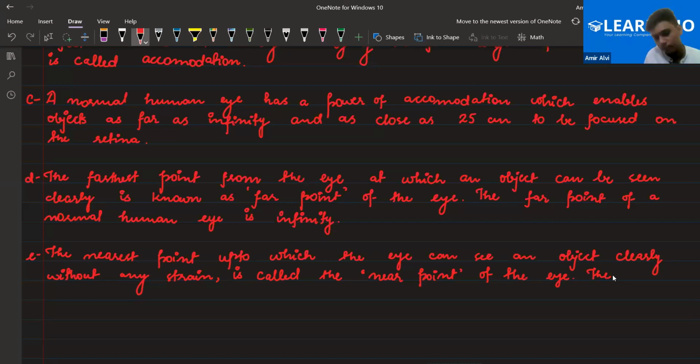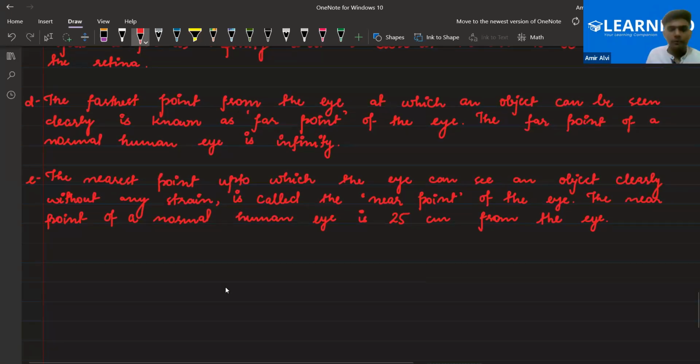The normal 25 centimeter. So that minimum distance of 25 centimeter is called the least distance of distinct vision.